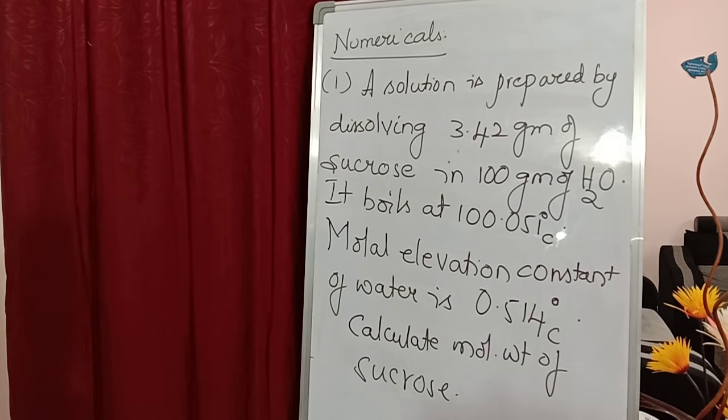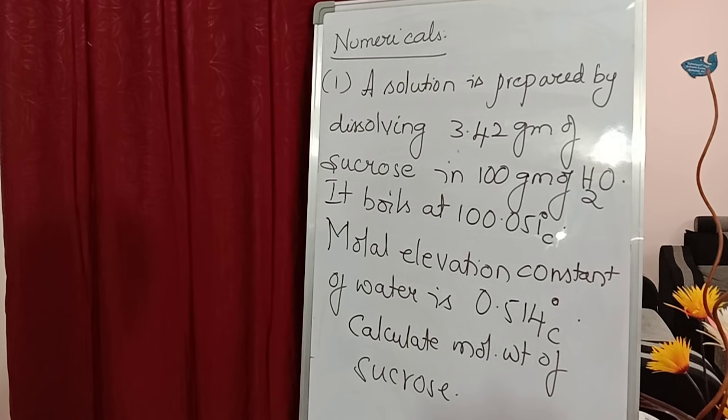Once again, students, a solution is prepared by dissolving 3.42 grams of sucrose in 100 grams of water. How is the solution prepared? By dissolving 3.42 grams of sucrose. So what is this 3.42 grams? The weight of the solute in 100 grams of water. What is this 100 grams of water? The weight of solvent. Understood?